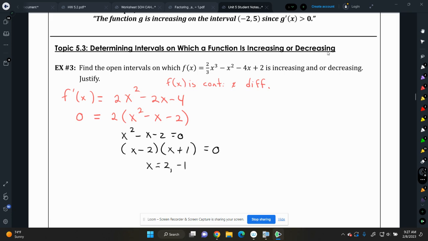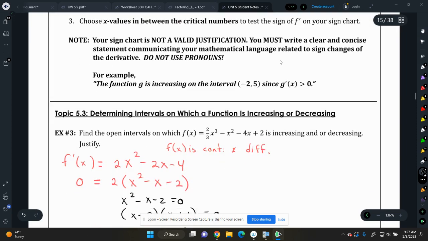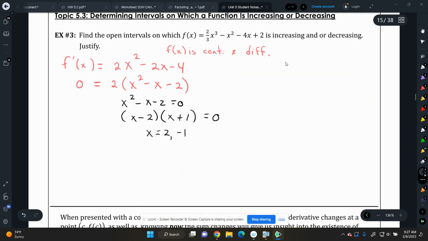Okay, now, the next thing we're going to do, right? We're going to create a number line chart using these critical points. So these are the possible places. The critical points are the possible places that it might be changing.